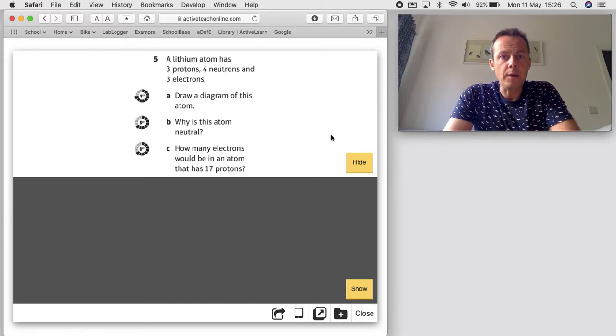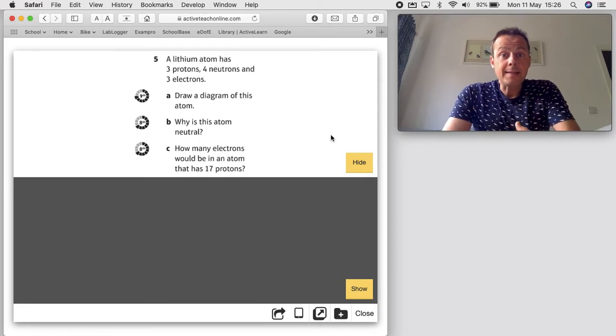Okay, so looking through this, we have a lithium atom which has 3 protons, 4 neutrons and 3 electrons. We need to be able to draw a diagram of this atom. So in your response, you need to show where the protons are and how many there are, where the neutrons are and how many they are, and where the electrons are and also the number of electrons.